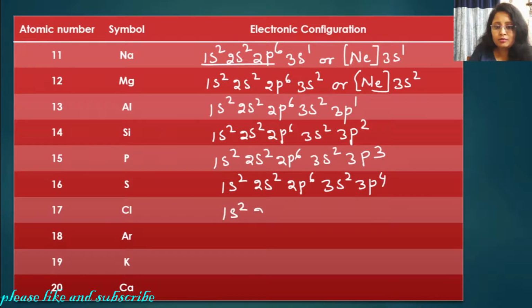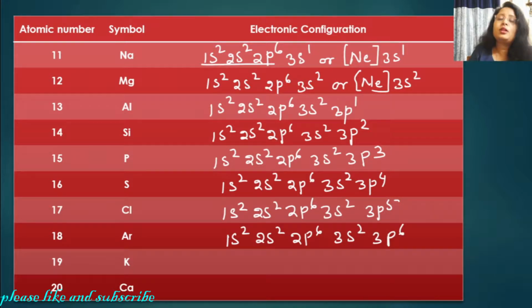Chlorine 1s2, 2s2, 2p6, 3s2, 3p5. Argon 1s2, 2s2, 2p6, 3s2, 3p6. Now here the 3p orbital is fully filled. Now the next electron which is coming will occupy the 4s orbital.